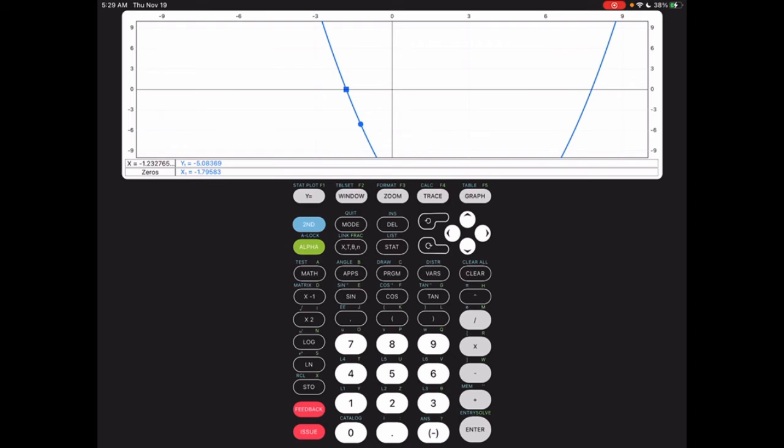And on the TI-84 calculator, you'd have to hit enter one more time to get the x-intercept. So our 0 is at negative 1.796.